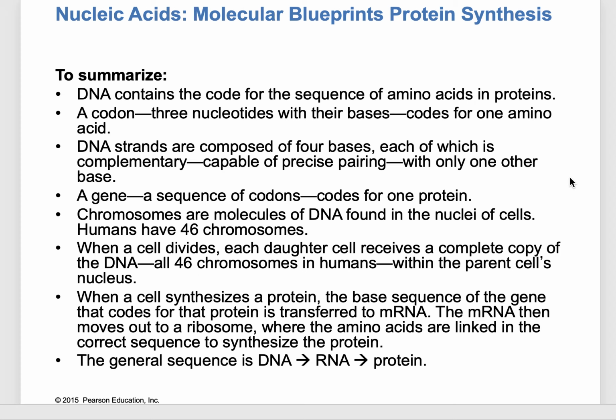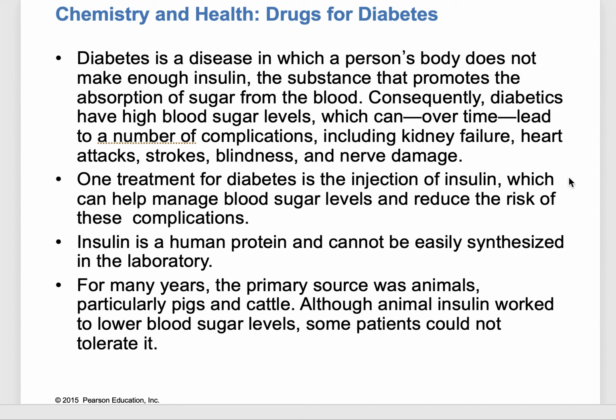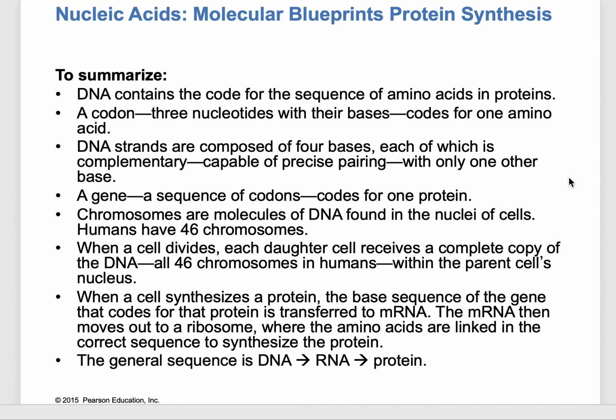Even though we eat the same food, the same protein, we look different because we have different genetic code. So you guys can take a look at the summary here with additional interesting information.